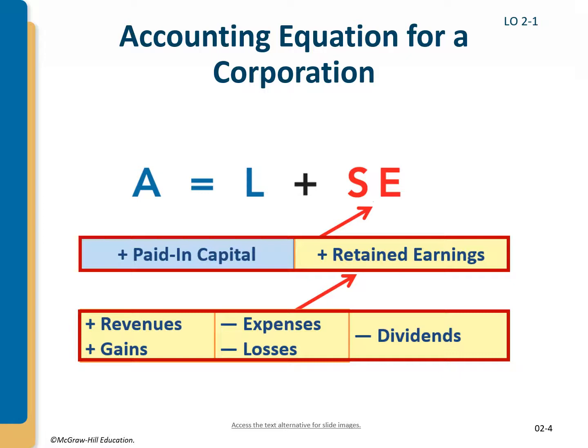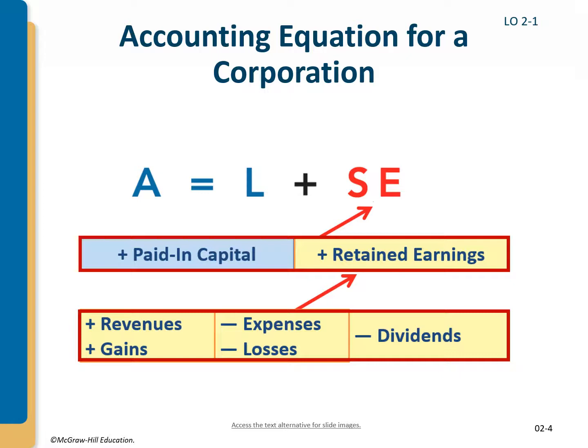Any amounts the company receives the first time they sell a share of stock, because they may sell a share for the first time many years after they've opened, any amounts they received are kept track of in paid-in capital. Retained earnings is where the company keeps track of the earnings that are still in the company for the shareholders.